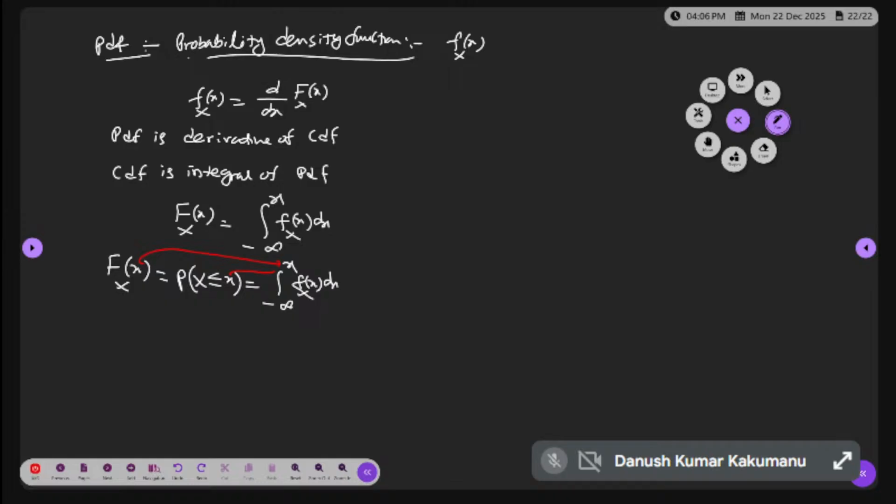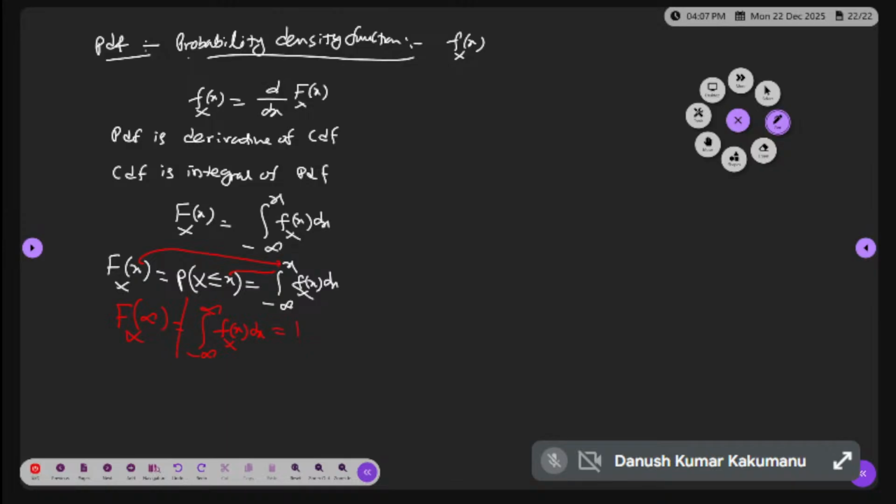If I take this value as infinity, F of infinity, what is the answer? F of infinity is the integral from minus infinity to infinity of f of x dx, which equals 1. CDF of infinity is 1, as we discussed in the last property. So the integral of f of x dx is also 1.